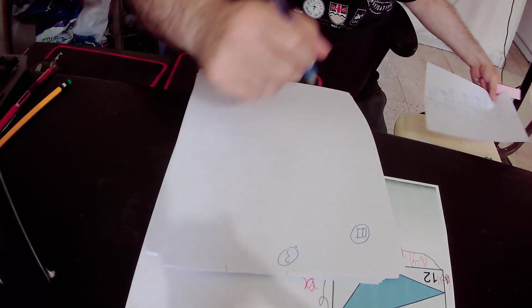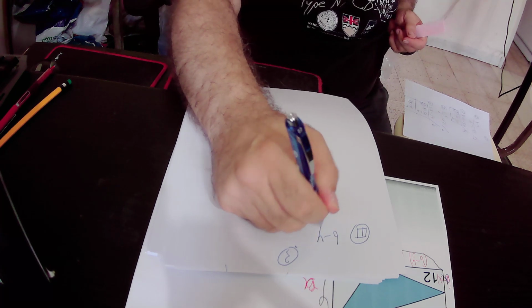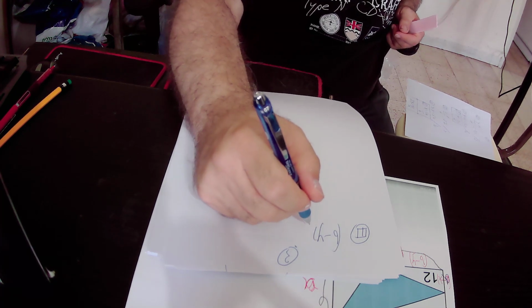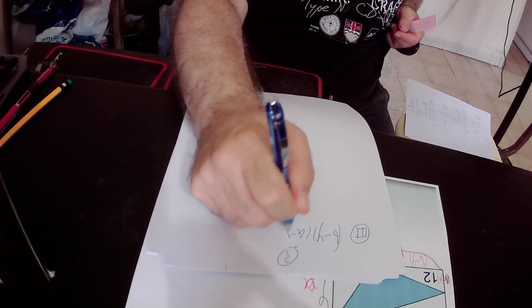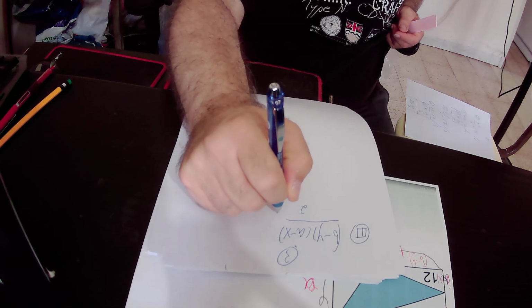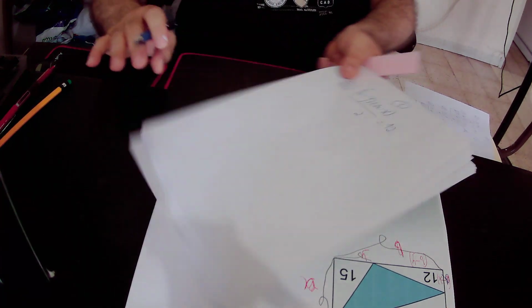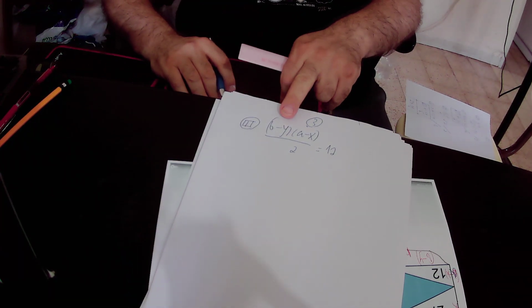The third equation is actually b minus y times a minus x divided by 2 equals 12. Okay, this is the third equation.